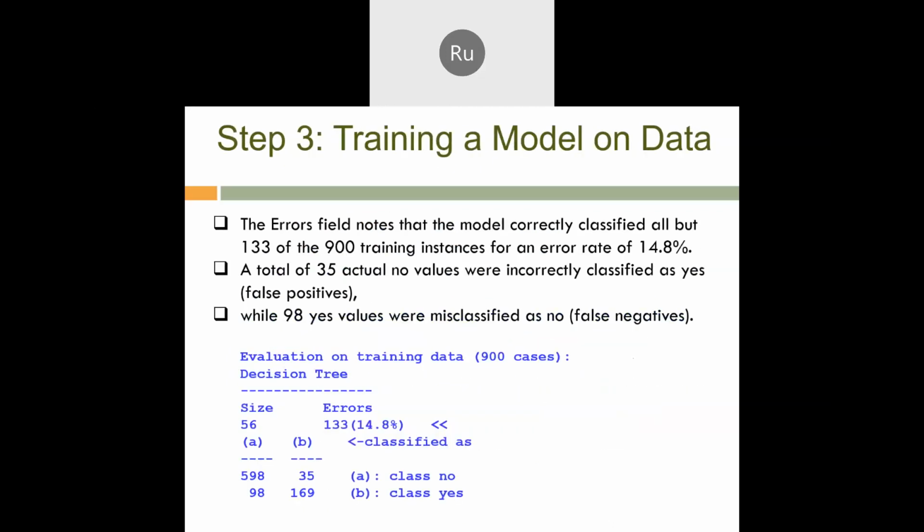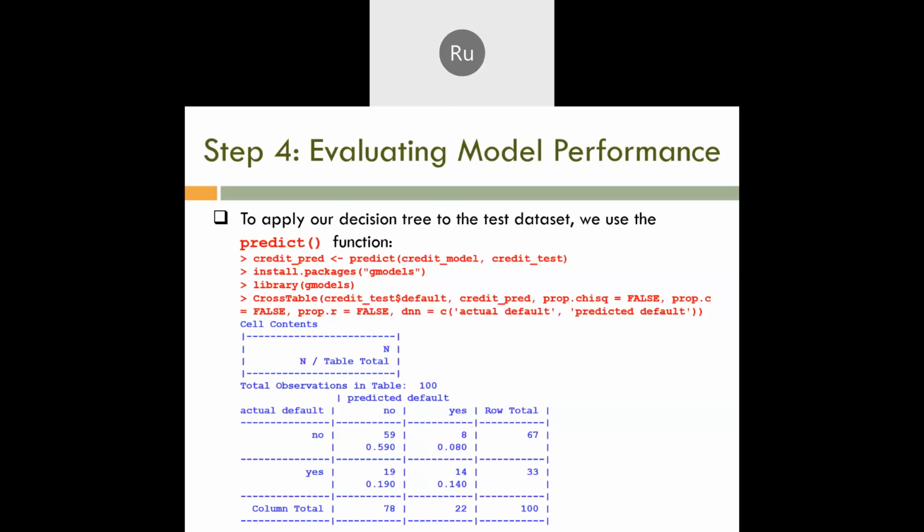Okay, so how do we evaluate the performance of this? Basically, we are looking at the prediction here. We take the credit model, the model that we trained, and pass it the test data set.